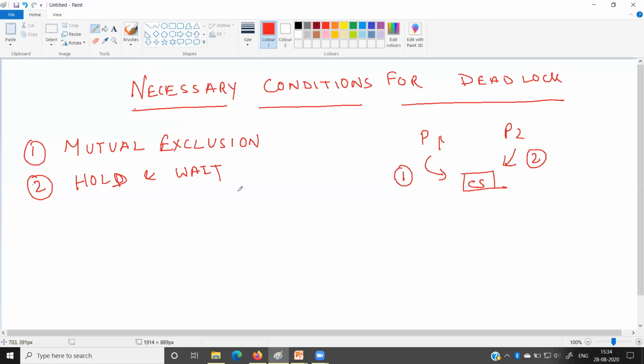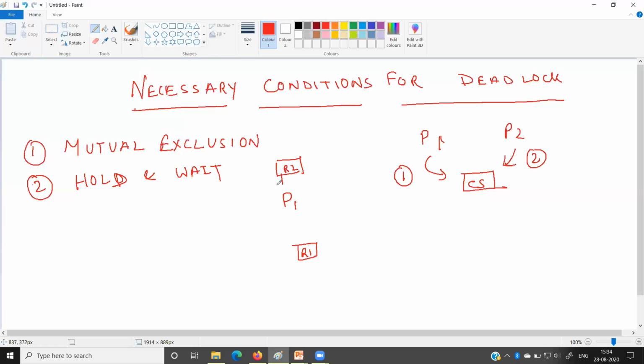Now what is the hold and wait condition? The hold and wait condition says that, as I have drawn in the previous diagram, P1 holds the resource R2 and it is waiting for R1.